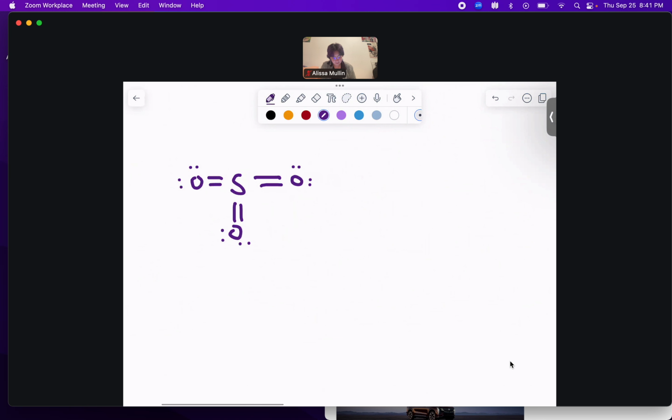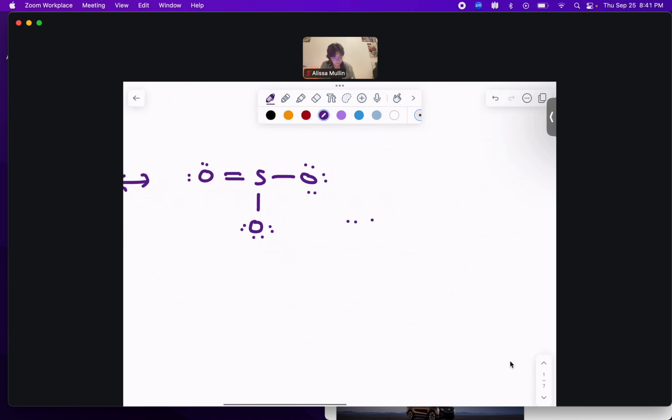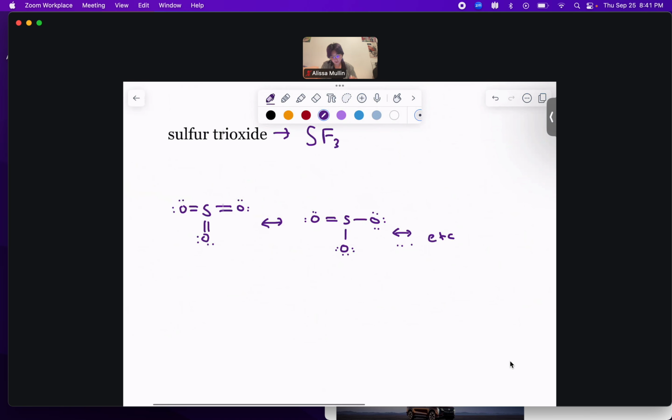This is okay because sulfur has that expanded octet, so there's a bunch of different options. I could go with just one double bond like that, and this will work as well. See if you can come up with more, but we could probably come up with a whole bunch of these. You can do triple bonds, you can do some combination of single and double.